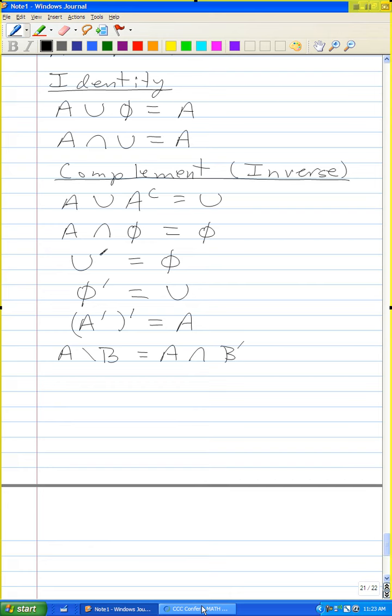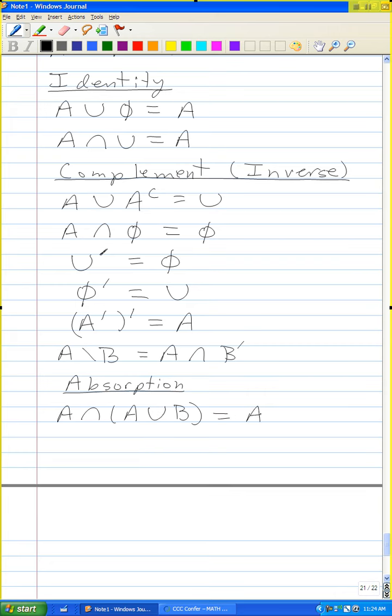Oh, the absorption. Yeah, I should probably have those. These are called the absorption laws. A intersect A union B. Well, what's the overlap between A and anything that includes A?